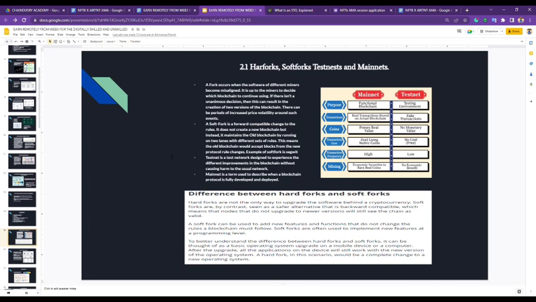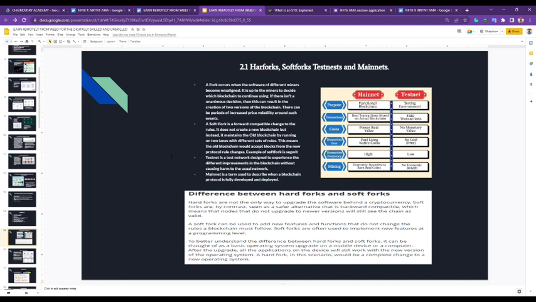So the price tends to go volatile during this period, and a hard fork leads to the creation of a new blockchain. It's not very nice, but sometimes it's very necessary for the improvement of that chain. Maybe sometimes due to hacks, sometimes due to disagreement, or whatever reason it might be, it results in the creation of a new blockchain.